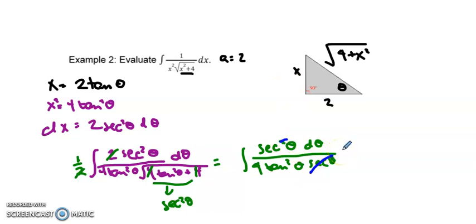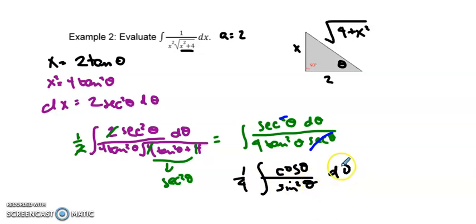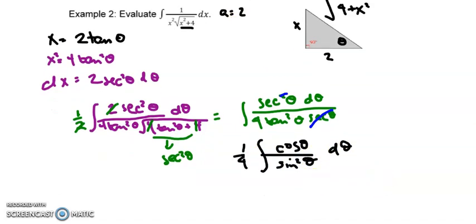And I need to figure out how to integrate secant over 4 times tangent squared. The way that I would do this is rewrite it all in terms of sine and cosine. I won't go through all of the details, but I know that secant is 1 over cosine, and I know that tangent squared is sine squared over cosine squared. So I can manipulate this to have the 1/4 out in front, and it will get me to a cosine in the numerator divided by a sine squared in the denominator. Hopefully you can see at this point that you can use u substitution.